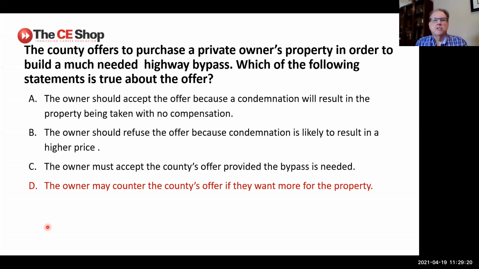If they wanted to, they could actually take the county to court and try to get more money that way. It's unlikely they'll be able to defeat the eminent domain action itself. But there's every likelihood that they'll be able to counter the county's offer, and they will probably be able to get a little more money.